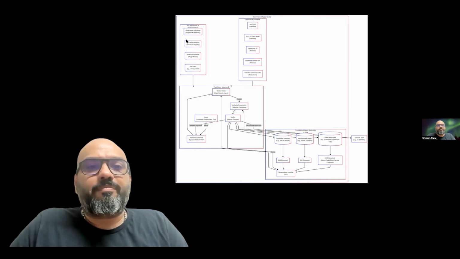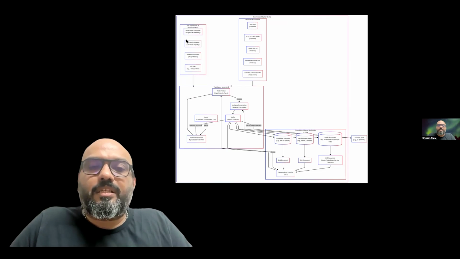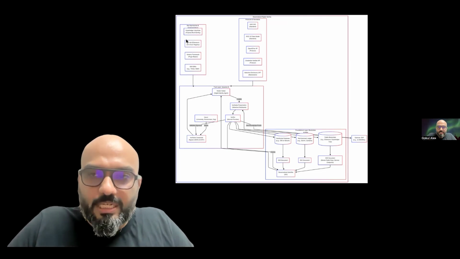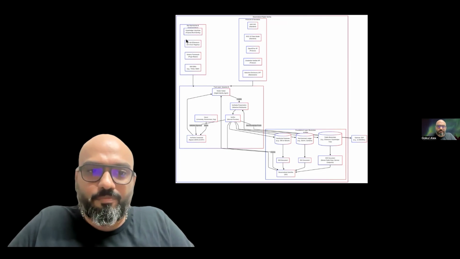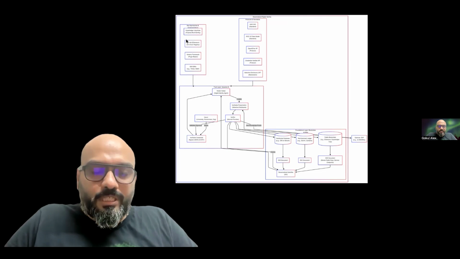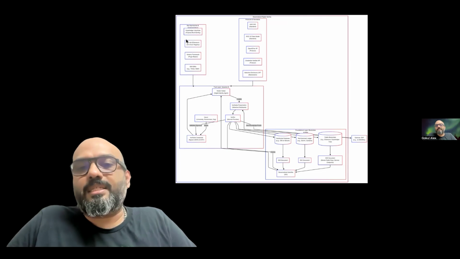So all of them work together essentially to create three functional components, as we have mentioned in the previous video. There is an identity issuer, there is an identity holder wallet, and there is a verifier.